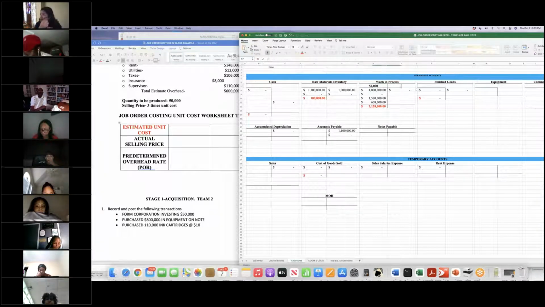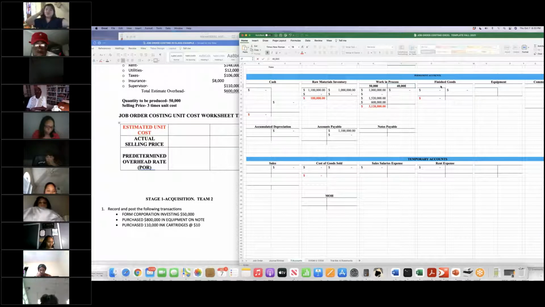But we only made 40,000. So we've got to make a journal entry transferring the cost of 40,000 books to finished goods.